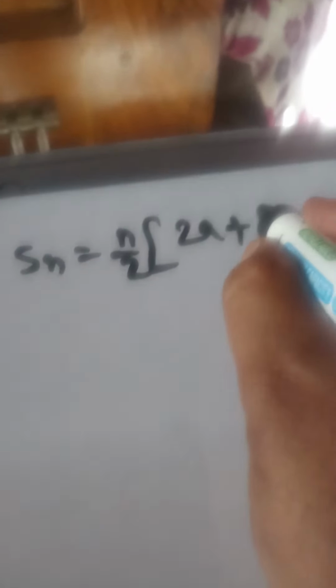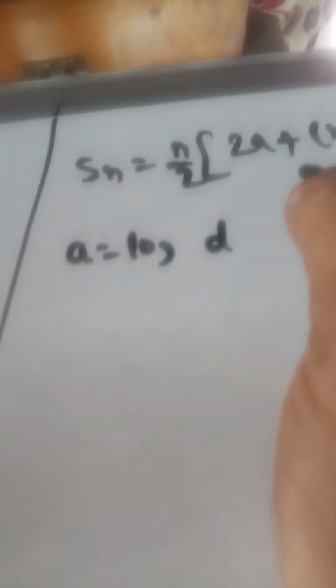The formula is Sn equals n by 2 times (2a plus (n minus 1) times d). Here 16 minus 10 is 6, 22 minus 16 is 6, and so on. So this is an AP. The first term a is 10, and the common difference d is the second term minus the first term, 16 minus 10, that is 6.